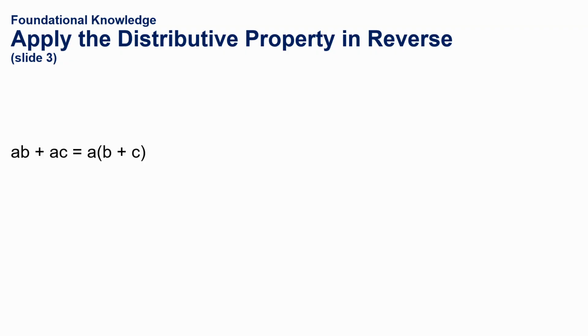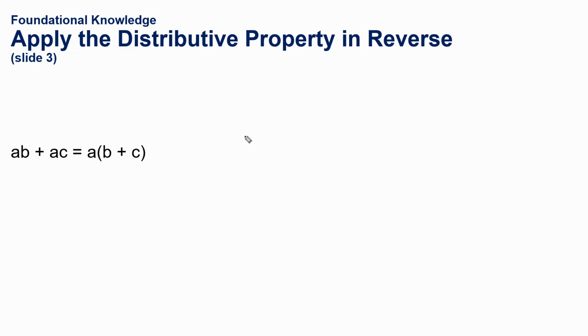Now, the distributive property can also be applied in reverse. So, if I think about it in terms of reversing the distributive property, I'm thinking of it in terms of factoring it. So, for example, in reverse, we would have A and B plus A and C, which is the same as A parentheses B plus C here.